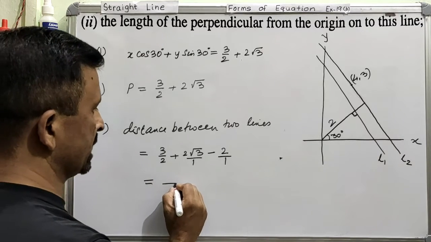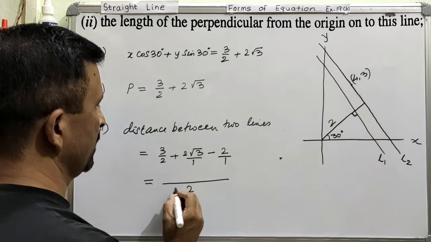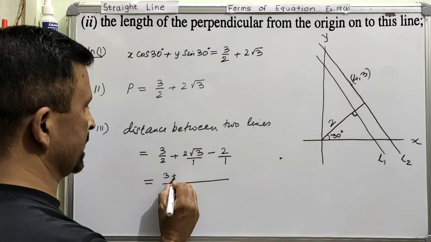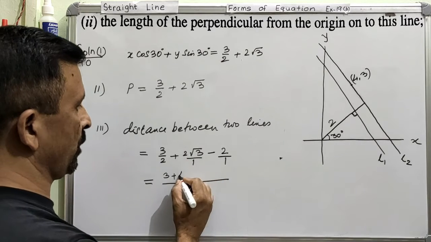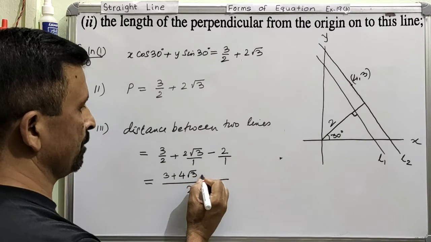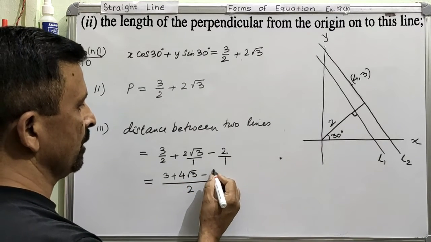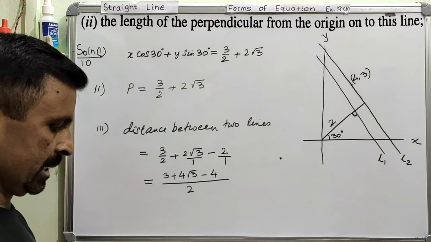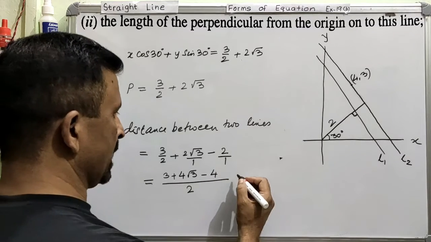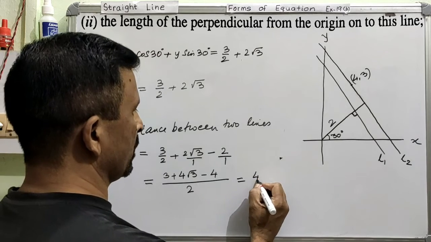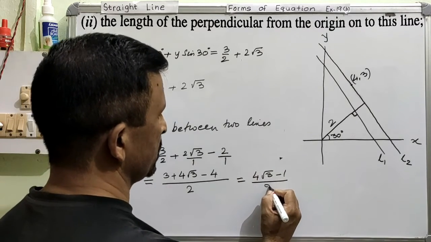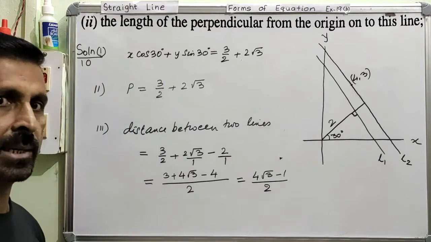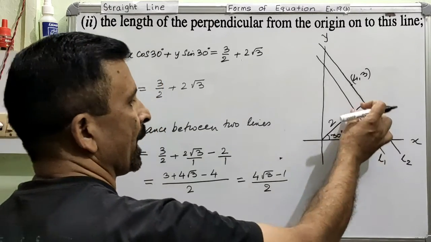The LCM of all these numbers will be 2. This is 3 as it is, plus 2 divided by 1 is 2, and 2 into this is 4 root 3, minus this will be also 4. Is this very clear? So this finally becomes equal to 4 root 3 minus 1 divided by 2. So this becomes the distance between your two parallel lines.